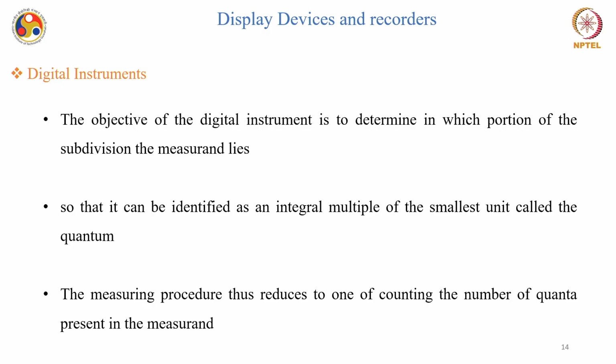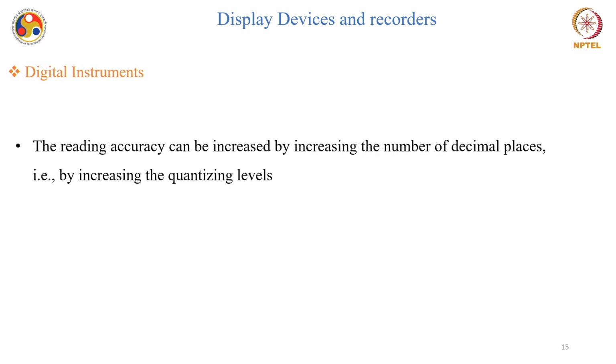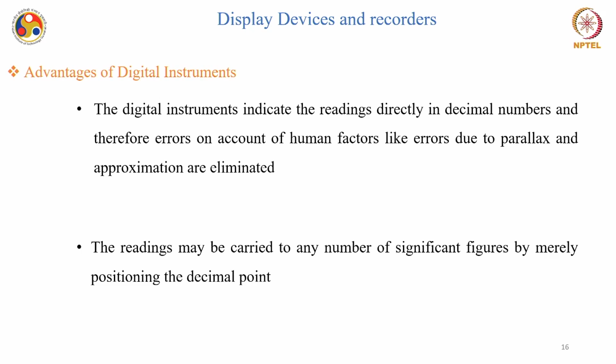We call it quantum or quanta. The measuring procedure thus reduces to one of counting the number of quanta present in the measurand. The reading accuracy can be further increased by increasing the number of decimal places, or you can say by increasing the number of quantization levels.